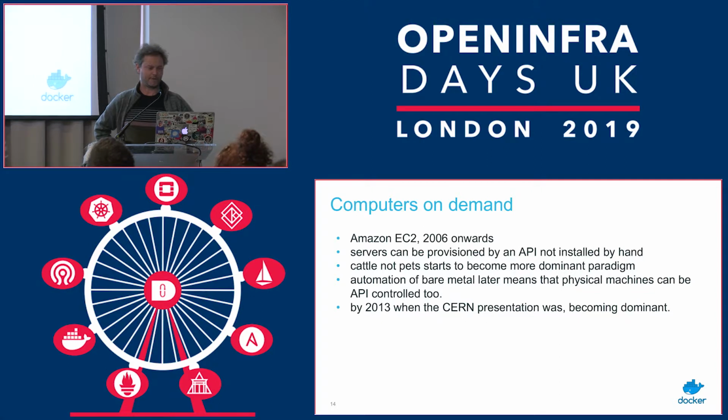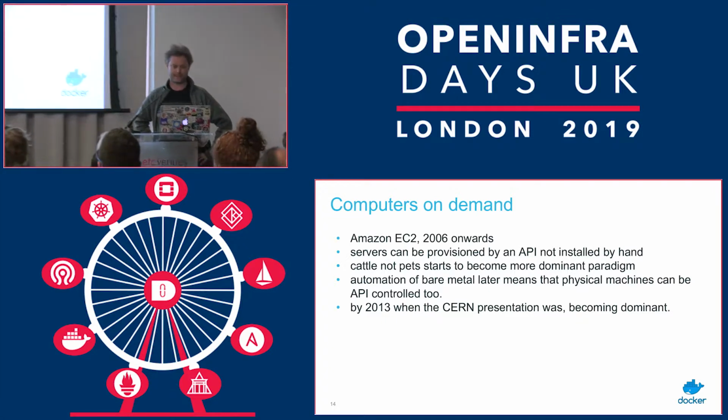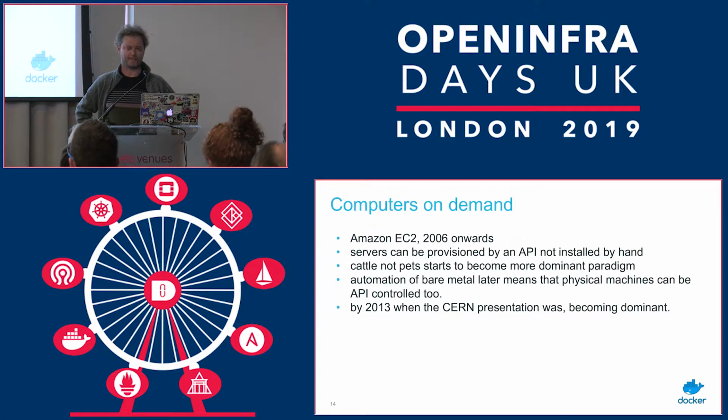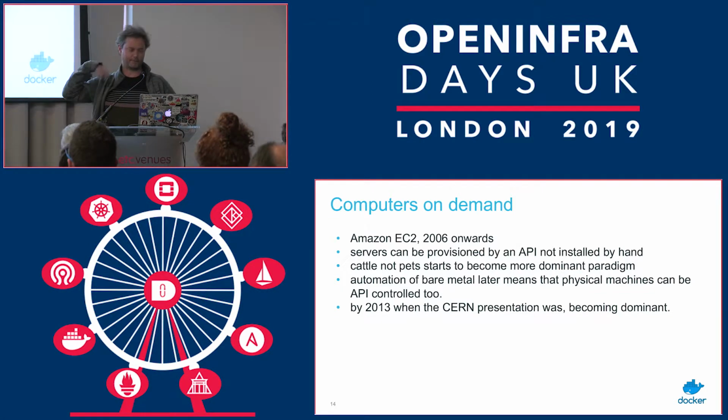And of course, this came along with computers on demand. Amazon EC2, 2006, so not that long ago in historical terms, but that was the idea of suddenly, instead of provisioning servers by hand, with manual processes, plugging them into a rack and installing things by hand, you could have an API, and you could start to install your software with an API, and you could move more towards this cattle idea.